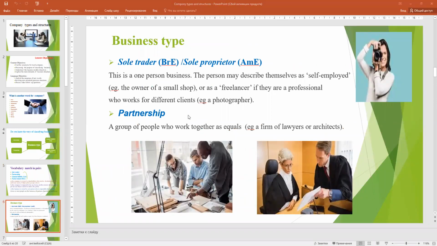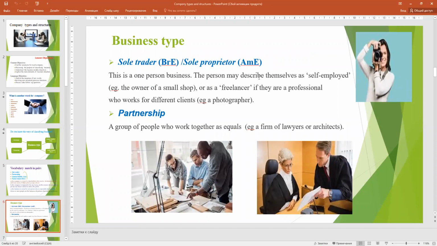Business types. Here you can see the business types. Sole trader is the British English form, and sole proprietor is the American English form. This is a one-person business.